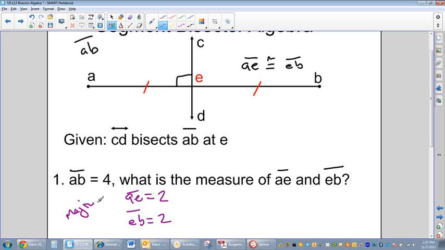Dita, what's up? Well, I think 2, because bisect means to cut in half. Peter, where is that?